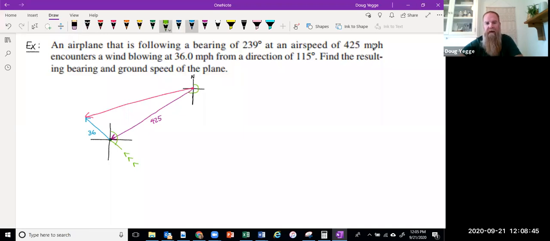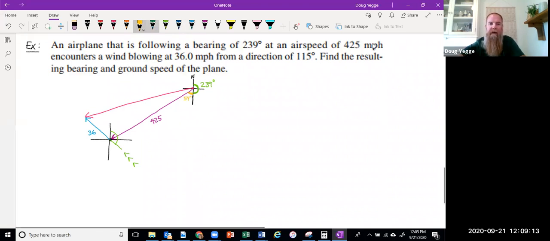We'll now take our time drawing these different angles. So I know that this bearing is a total of 239 degrees. But notice that by the time it's traveled halfway, it's already gone 180 degrees. So that implies that the only angle left, which is right down here, is an extra 59 degrees.